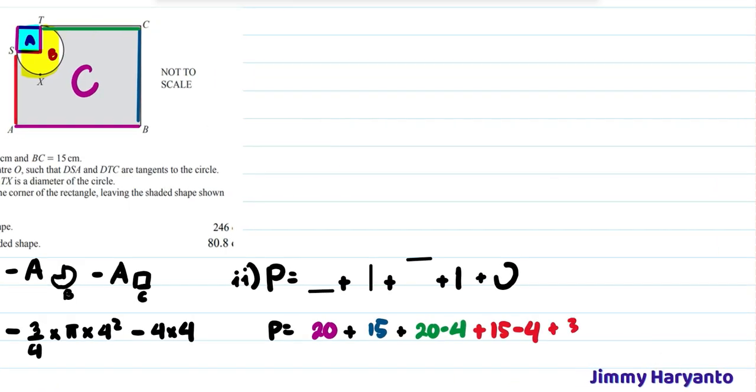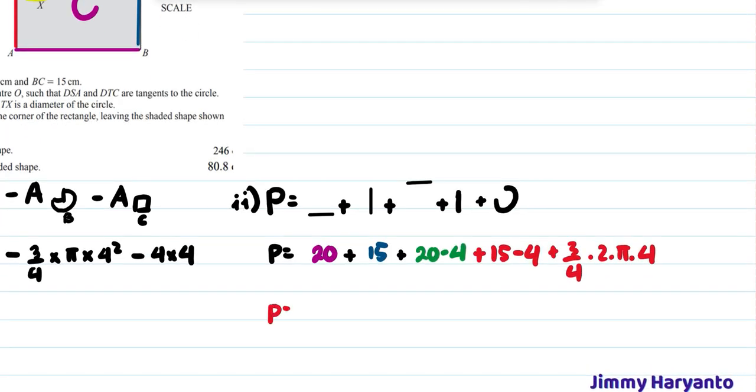The arc length will be 3/4 times 2 times pi times the radius 4. Perimeter equals 35 plus 16 plus 11 plus 3/4 times 2 times pi times 4.